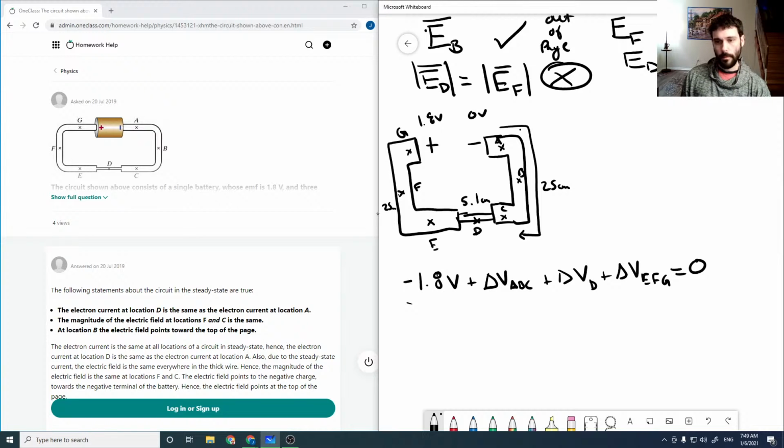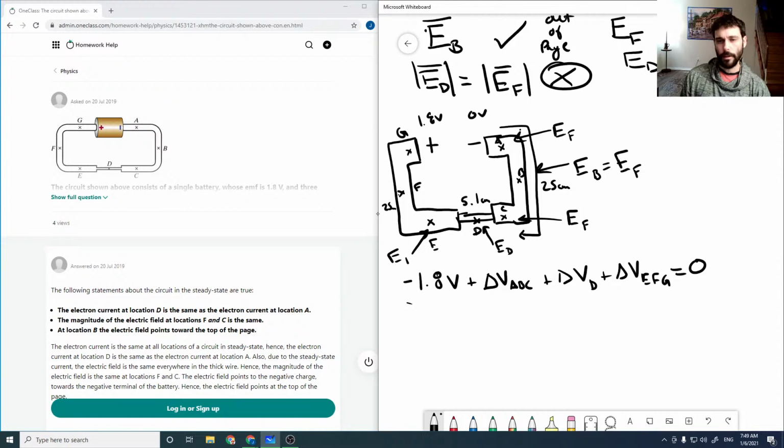Now, in terms of the electric fields, using the fact that we identified that our electric field in here, so B equals EF, for instance, and we know that they're all equal to EF, so that's EF, and here is ED.